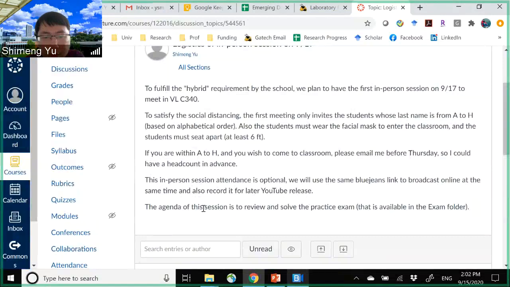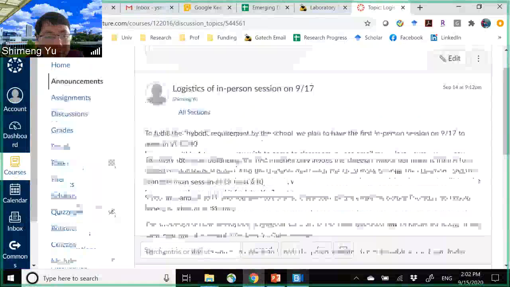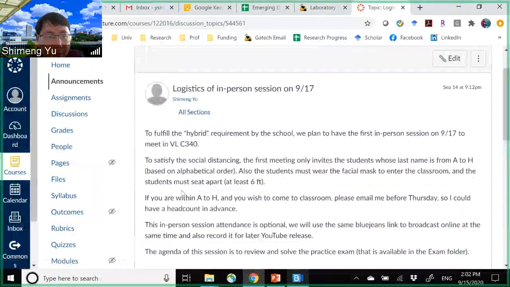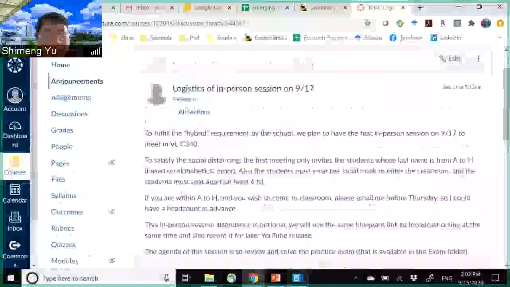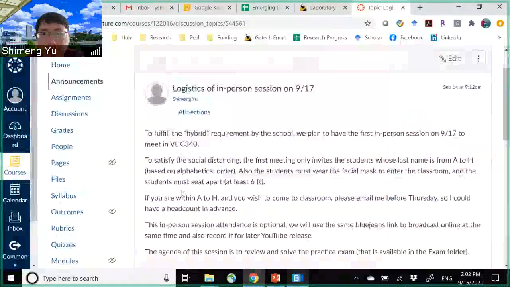The agenda of that meeting is to review and solve the practice exam that is available under the exam folder in the Canvas. One more reminder is on homework 2, which is due this Friday midnight.